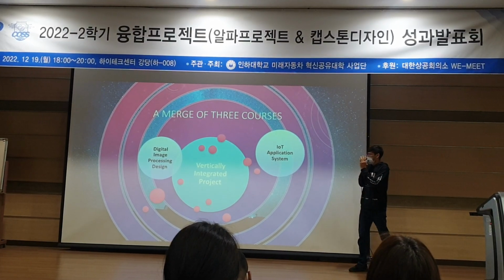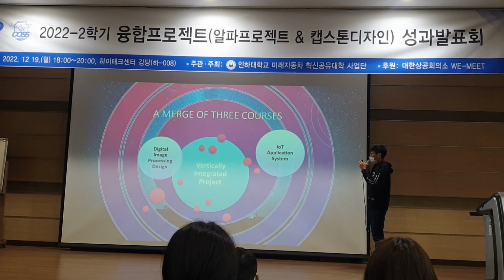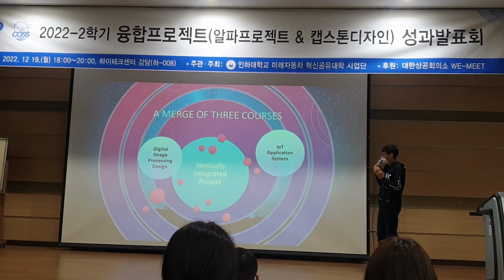So we learned from classifying and training our data set, and came up with our algorithms in digital image processing. And in the IoT application system, we learned how to work with other IoT systems, like sending an SMS alert, and then we deployed everything in the vertically integrated project.